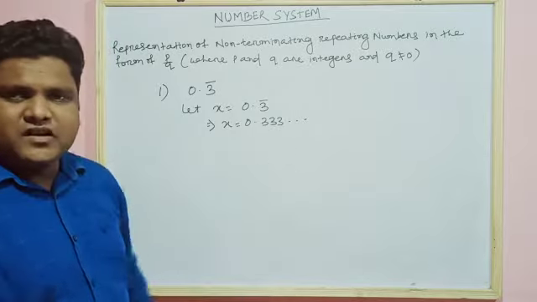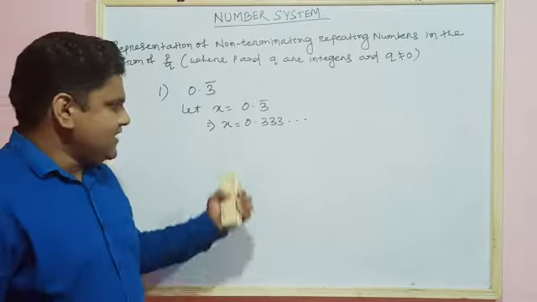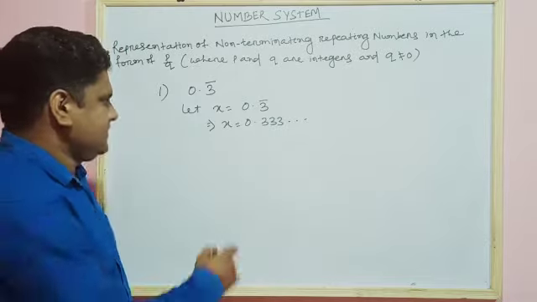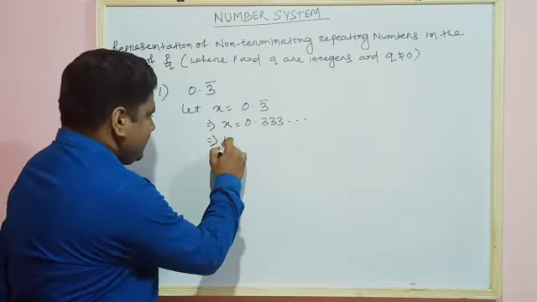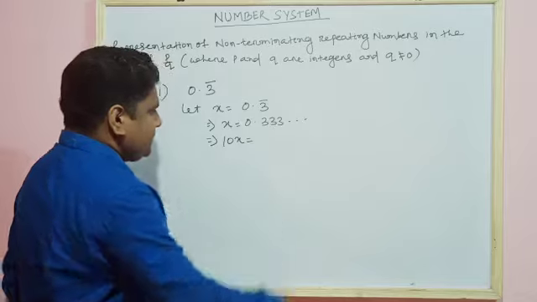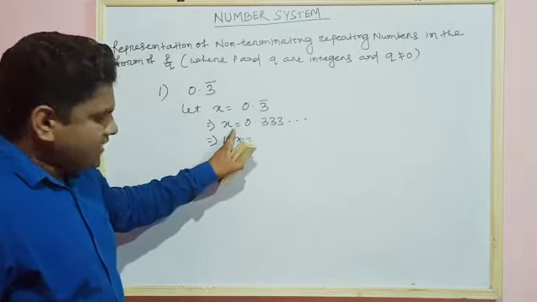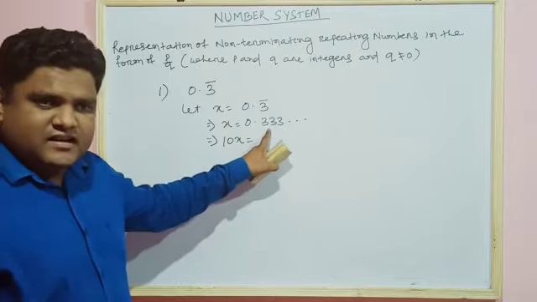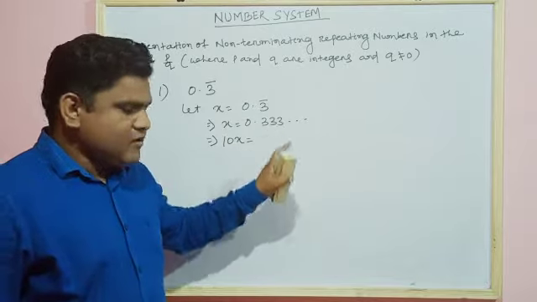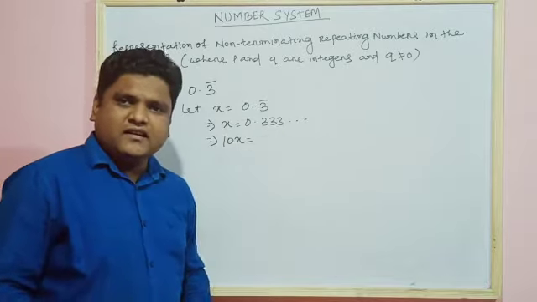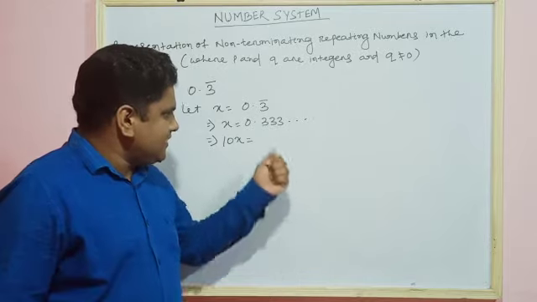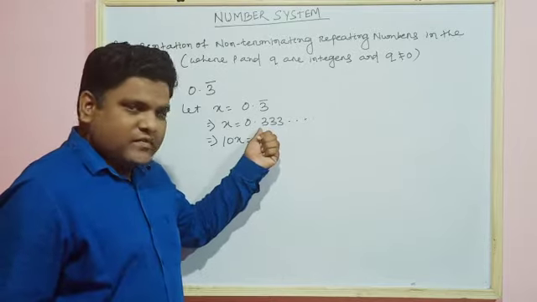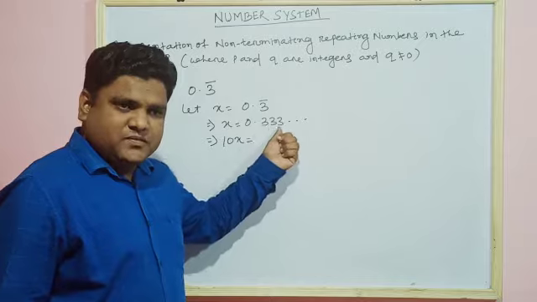So we have to multiply 10 in the LHS and RHS. So 10x will be equal to, we have multiplied 10 in the LHS, so we have to multiply 10 in the RHS. When we multiply 10 in a decimal number, then the decimal moves one place forward.